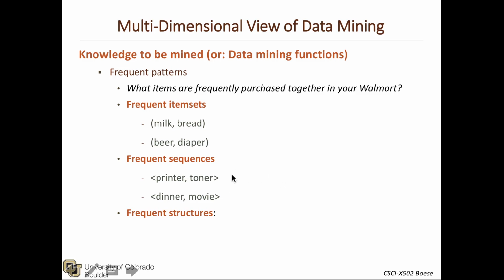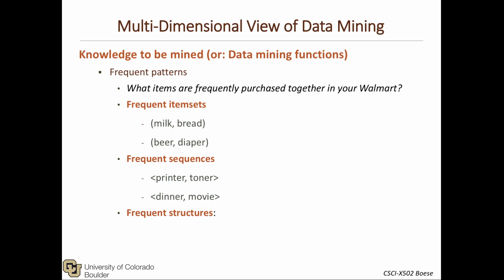That would also be that Target example where Target figured out that the teenager was pregnant. It was based on both frequent item sets, what was bought, as well as the sequence. There's a sequence of steps that you would go through when you find out you're pregnant, things that you would purchase, whether it was folic acid, baby name books, perhaps a bright blue rug.